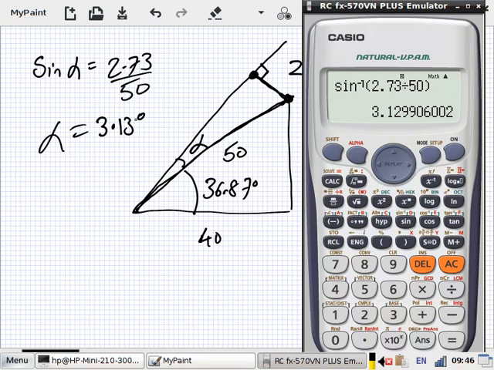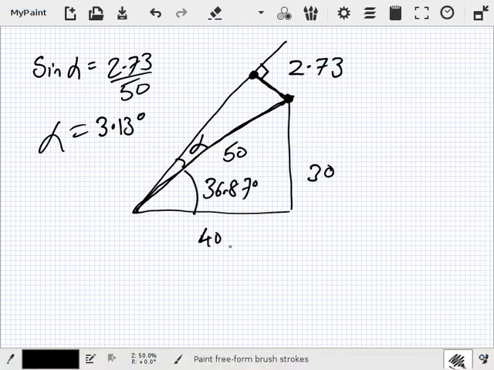Now let me add that to our 36.87, and that's 40. Is that right? Yeah, that's 40. So in other words, ship B can sail at 40 degrees.